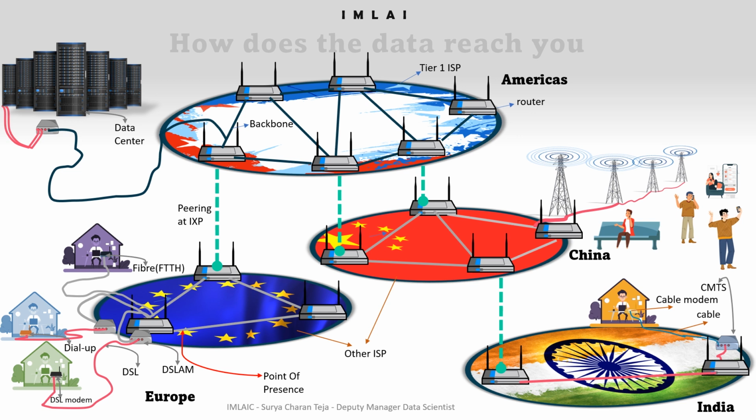Now we will discuss two examples that demonstrate how data flows from a data center to your YouTube on your mobile and laptop, and how mobile phones communicate with each other.